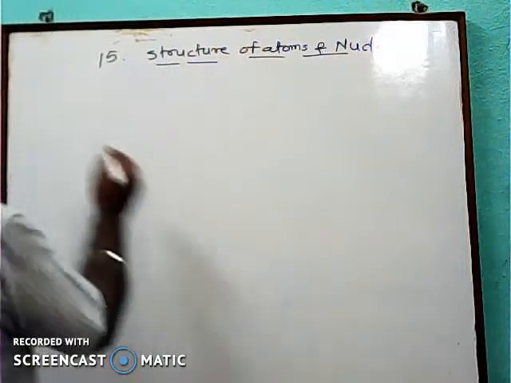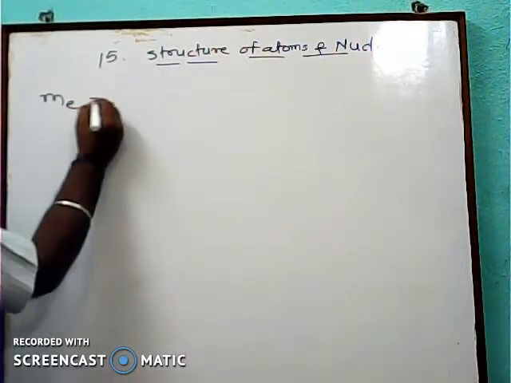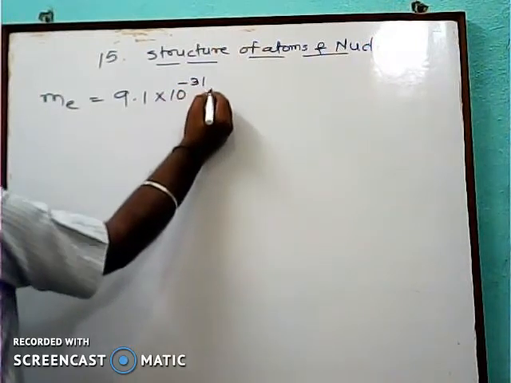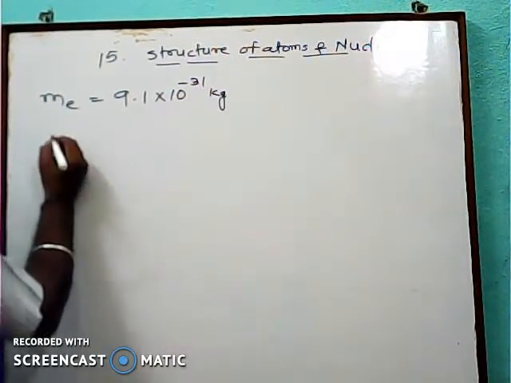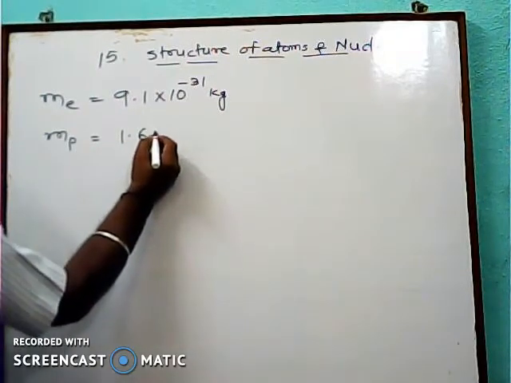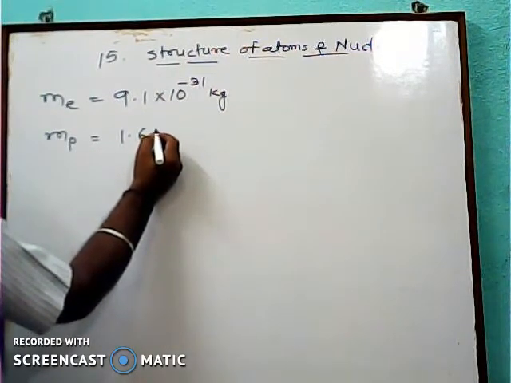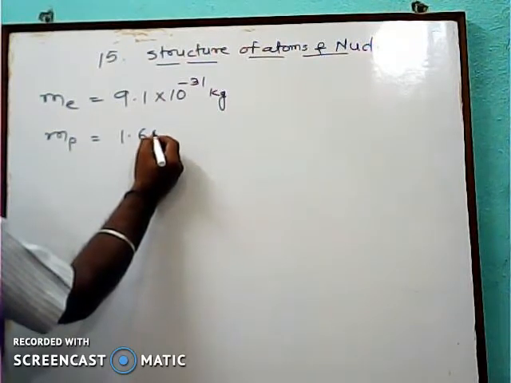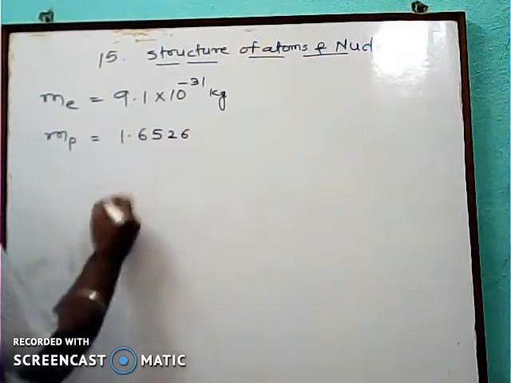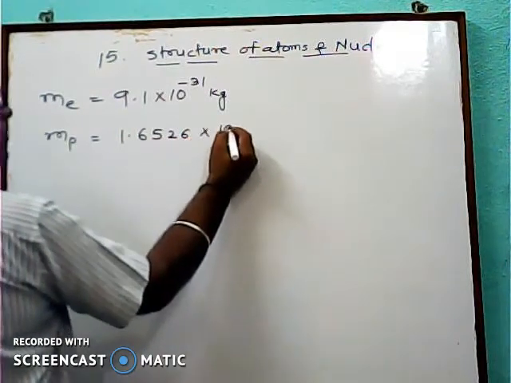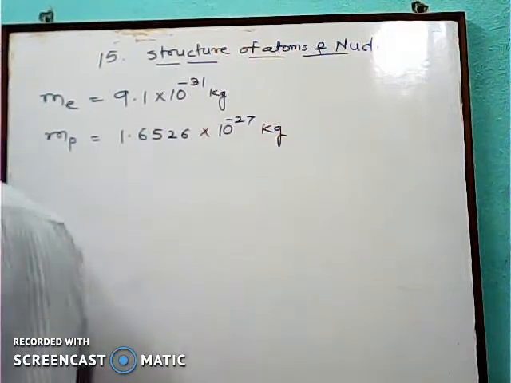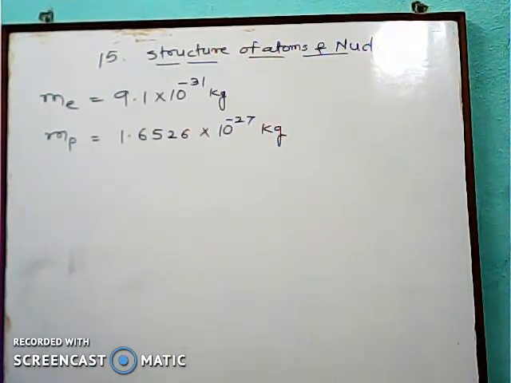So here the mass of electron is 9.1 into 10 to the power minus 31 kg. Mass of proton is 1.6726 into 10 to the power minus 27 kg.